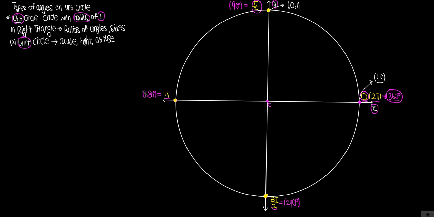And after we rotate 180 degrees, which is pi radians, then the coordinate lies on the negative x-axis, so it will be (negative 1, 0), where x is negative 1 and the y value is 0.